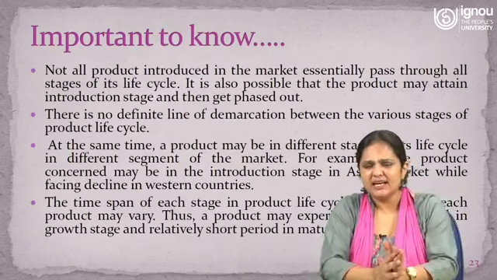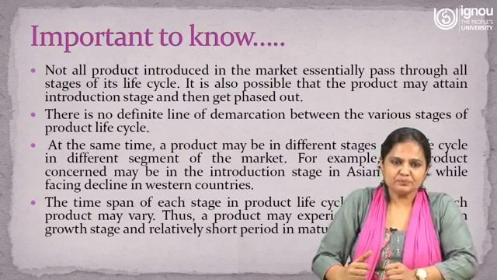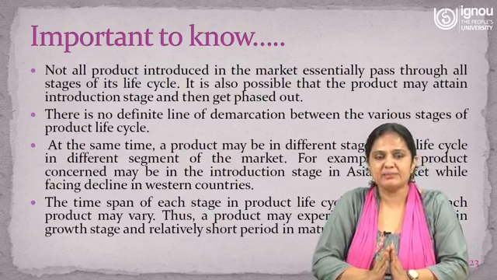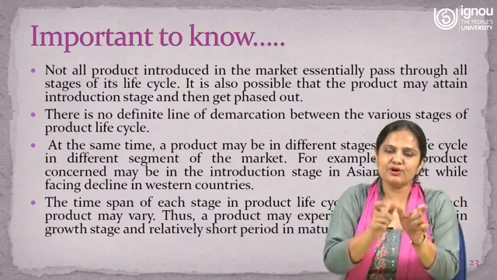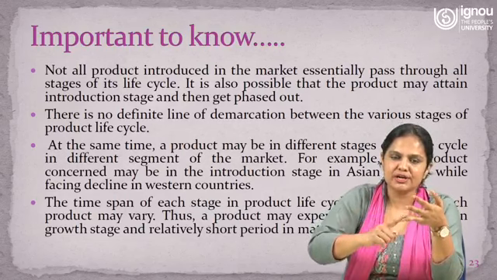We will quickly see the important aspects to know about the product life cycle. First of all, the first important point that you have to keep in mind as a marketer when you are doing PLC analysis is the length of the 4 stages, from introduction to growth to maturity to decline.